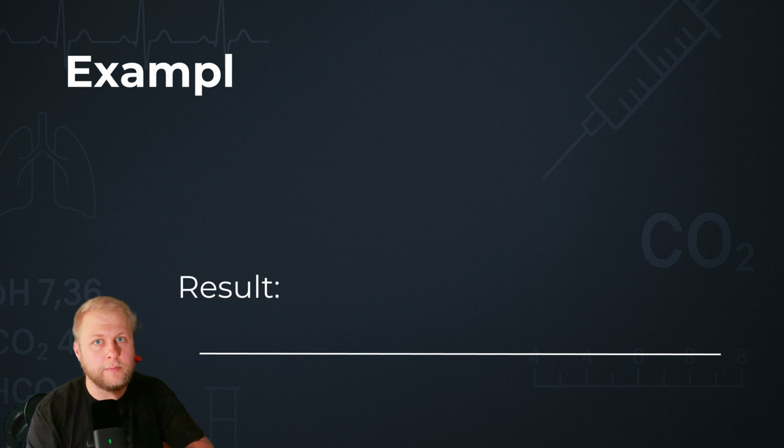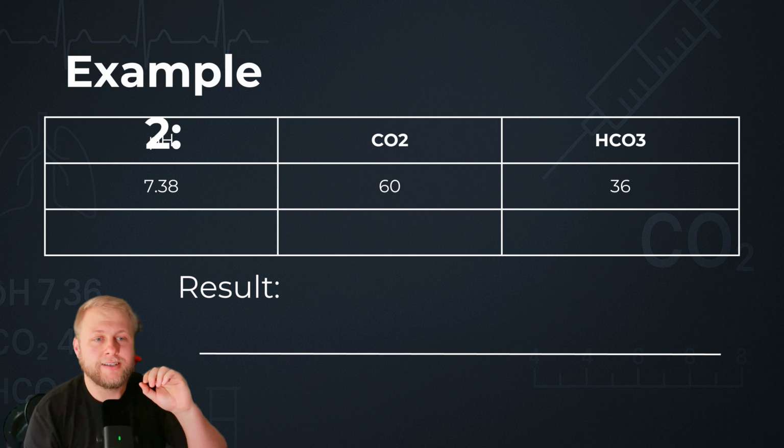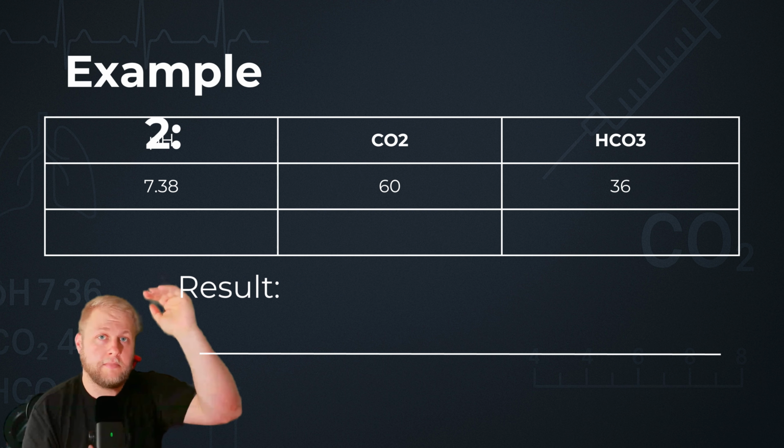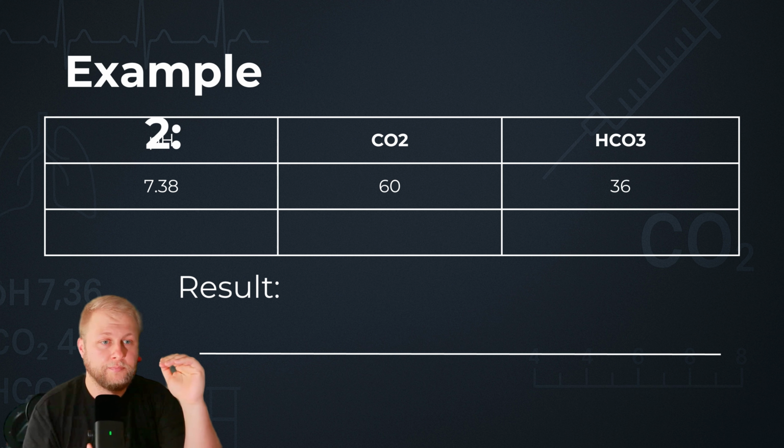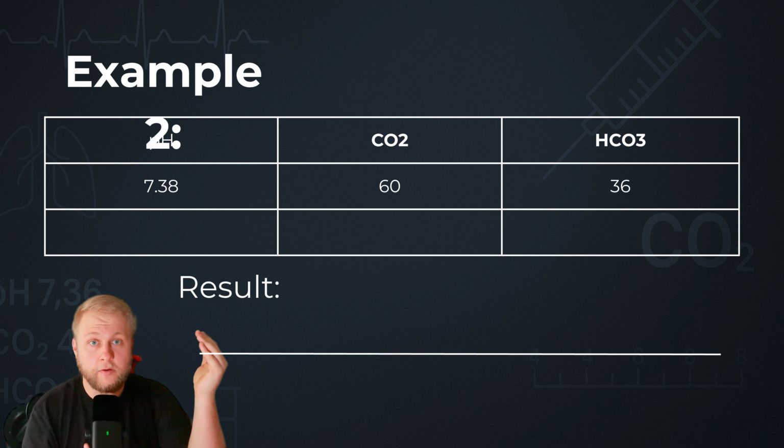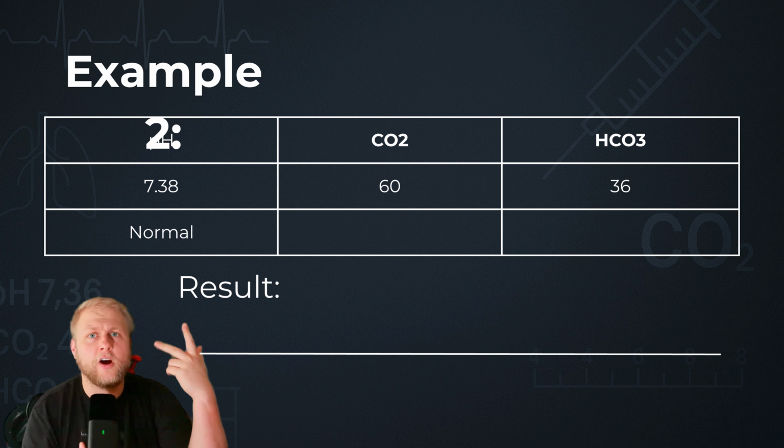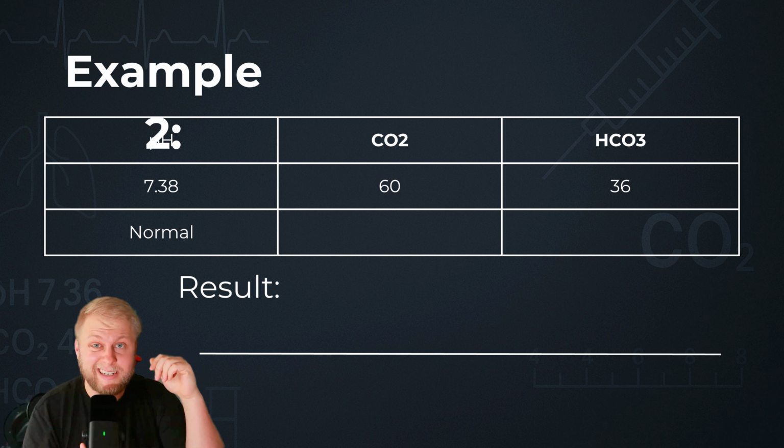All right, example number 2, pH 7.38. Is that acidotic, alkalotic, or normal? 7.35 to 7.45, that is normal, right? Okay, so now we got to ask ourselves, is the bicarb and the CO2 abnormal as well? Well, what is CO2? It's 60, right? That's high. That is very high.